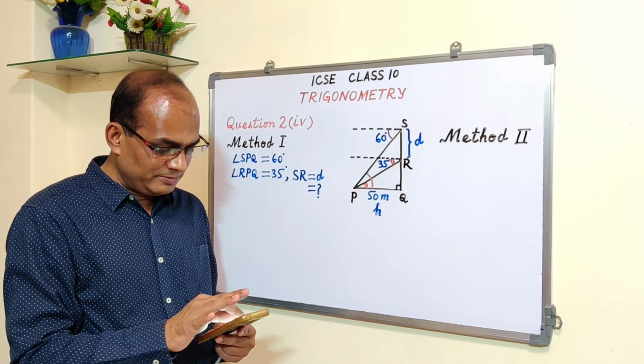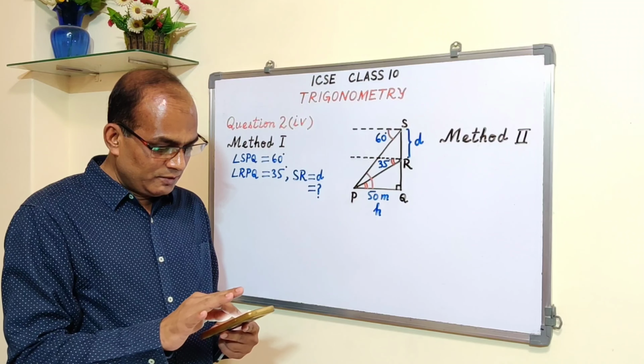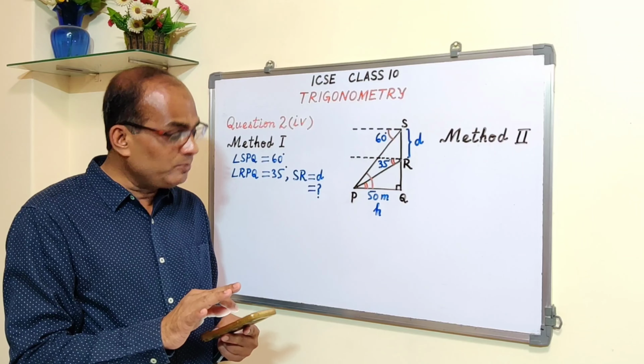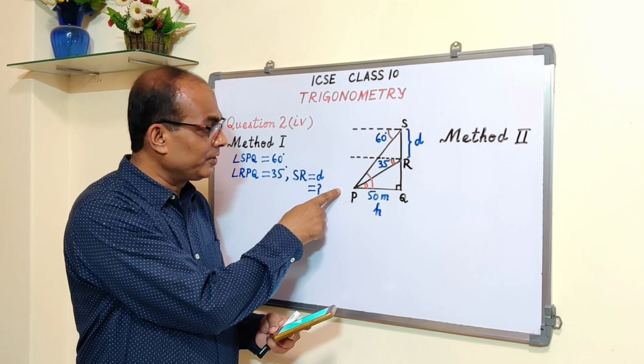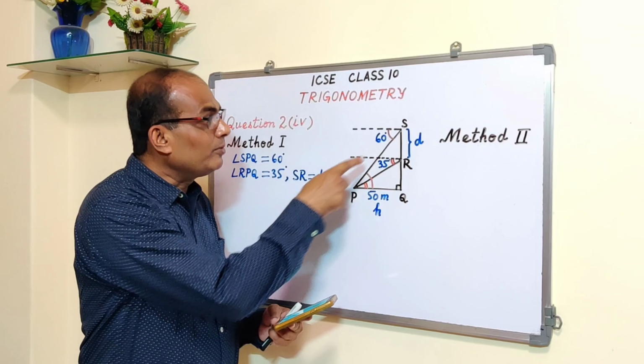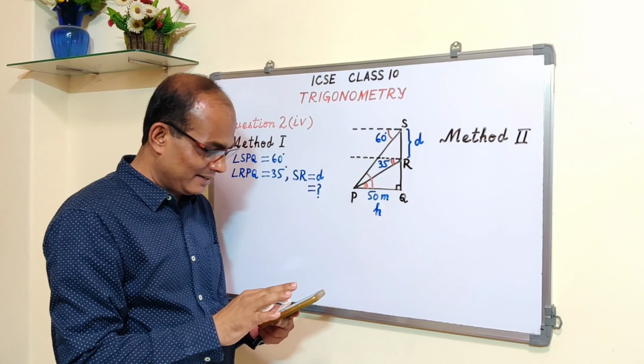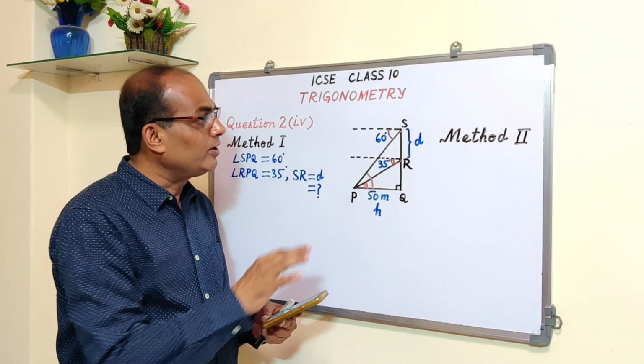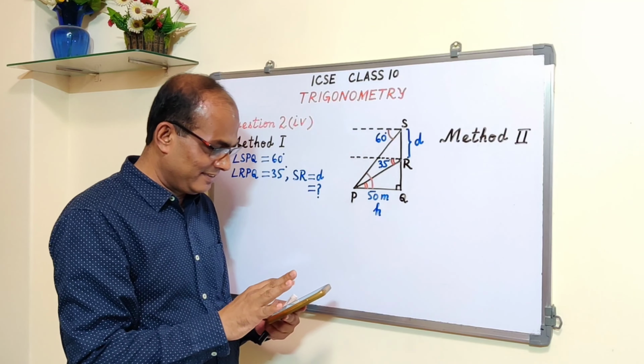The angle of depression of the object P from these two positions S and R. One position is R and one position is S.